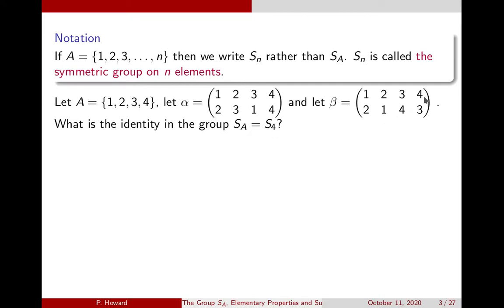And beta is the element defined by this 2 by 4 matrix. What does the identity element look like? The identity element sends 1 to 1, 2 to 2, 3 to 3, and 4 to 4. So in its matrix notation, every one of the numbers 1 through 4 lies below itself.